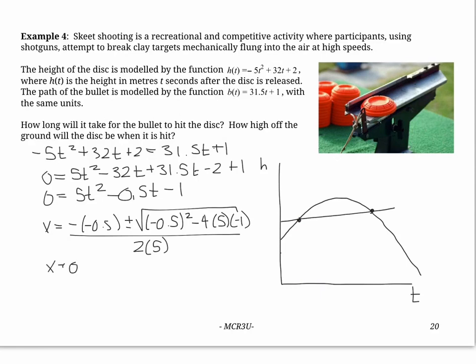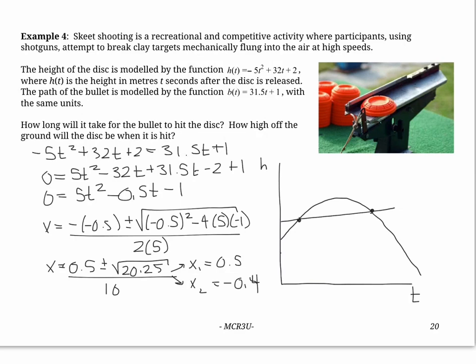So it's 0.5 plus or minus the square root of 20.25, divided by 10. Our two values, t1 and t2, are going to equal 0.5 and negative 0.4.